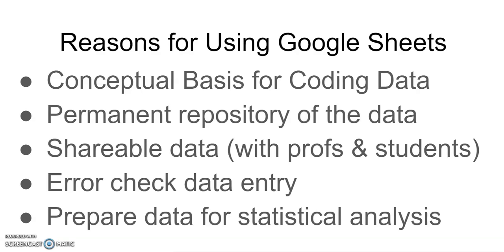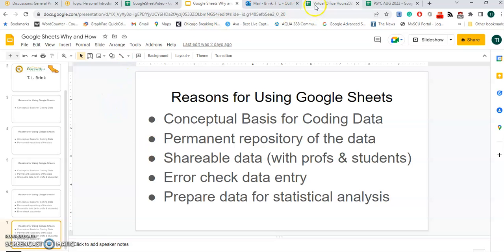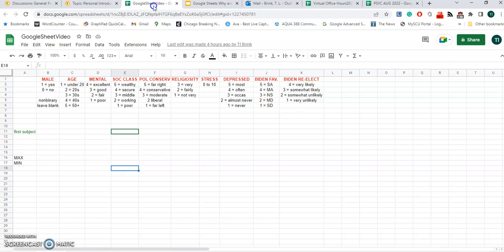And finally, we can use Google Sheets or Excel to help us prepare the data for statistical analysis in a program such as JASP.